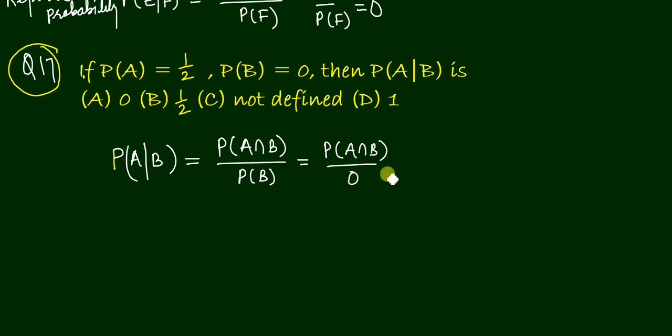So something upon 0 is not defined. So in this case the probability of A when B has already happened will be not defined.